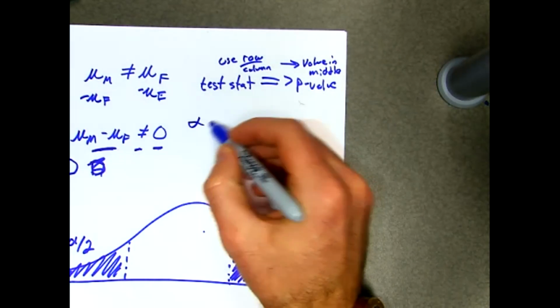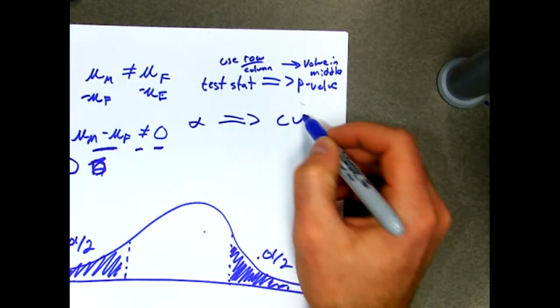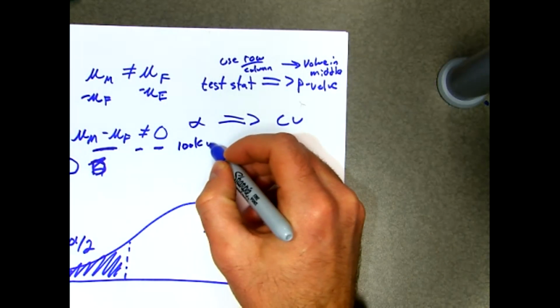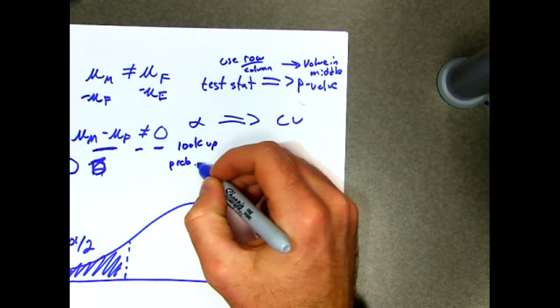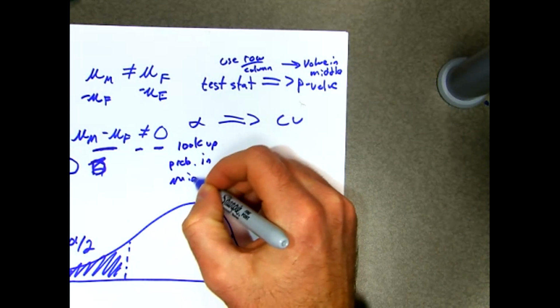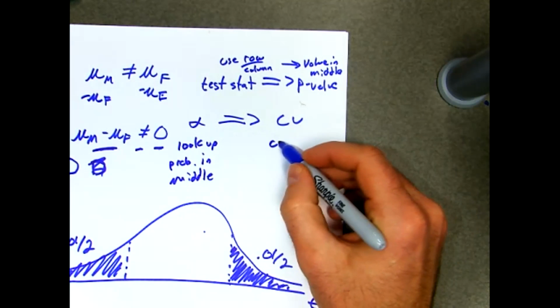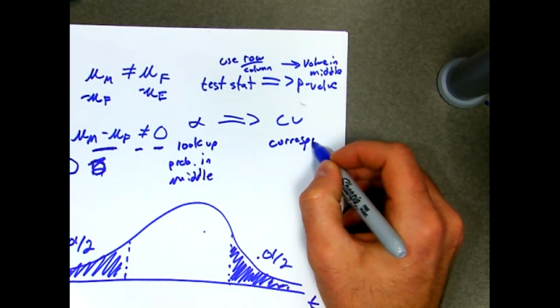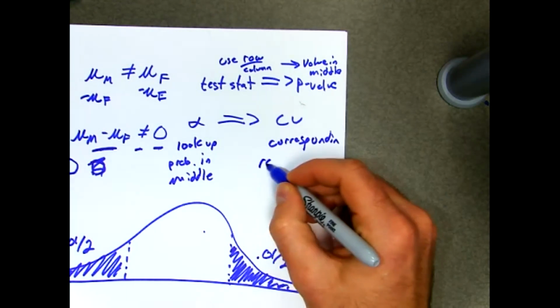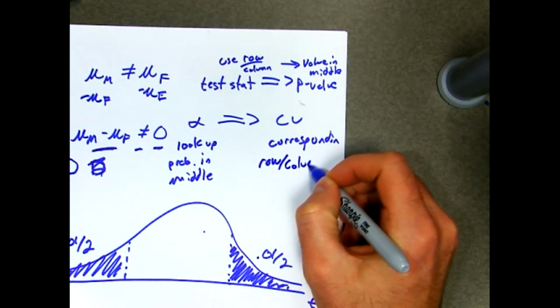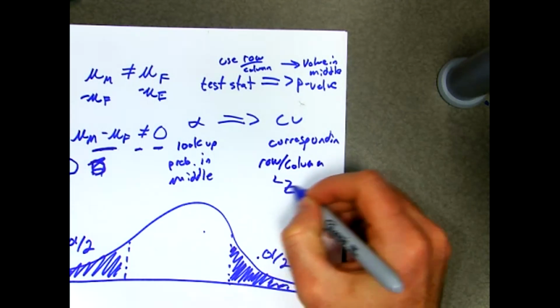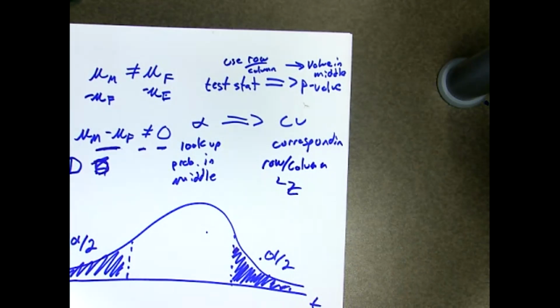Whereas when we have alpha and want to find critical values, you're kind of looking up that probability in the middle and finding the corresponding row, column, heading, right, which tells you that Z value. So I don't know if that helps anyone, but that's what we're doing here, right?